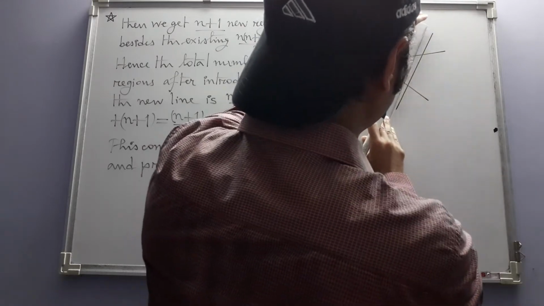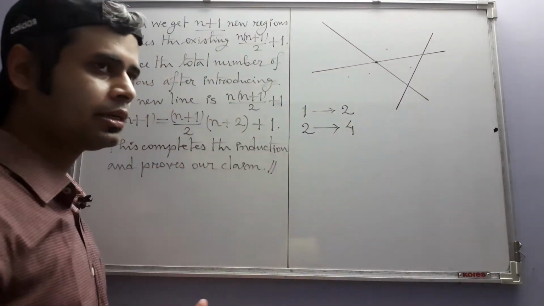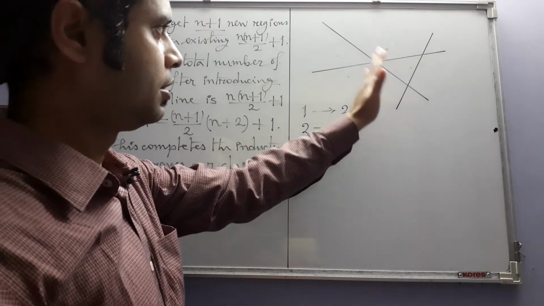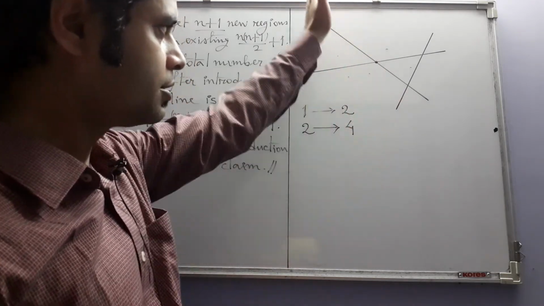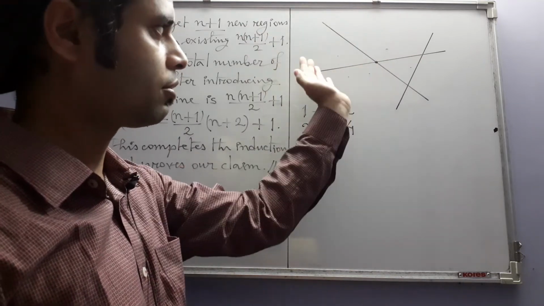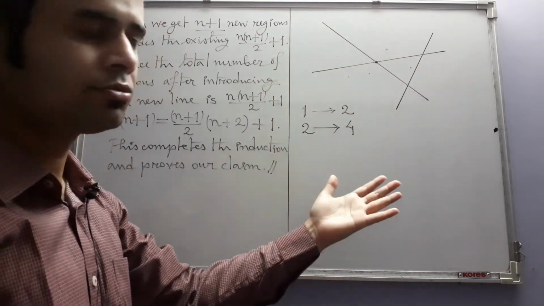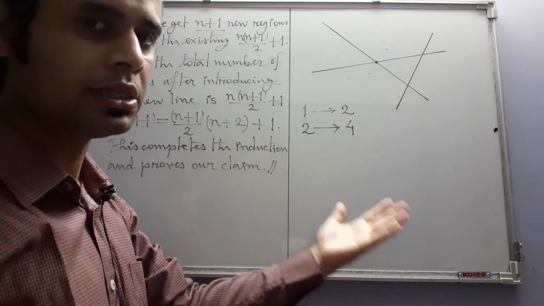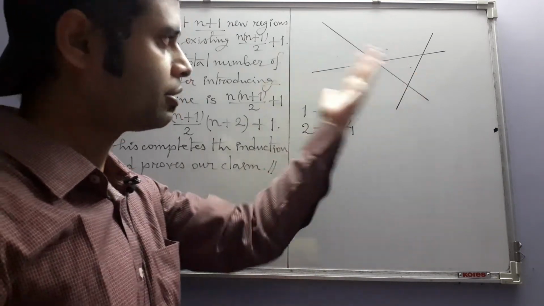Do you see why that does not matter? Does not matter in the sense that whether you draw the line in this way, either on this side of this point of intersection or on that side, the number of new regions it will generate will not depend on this choice.